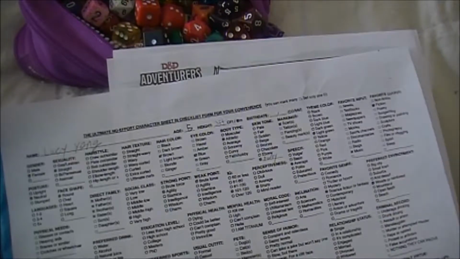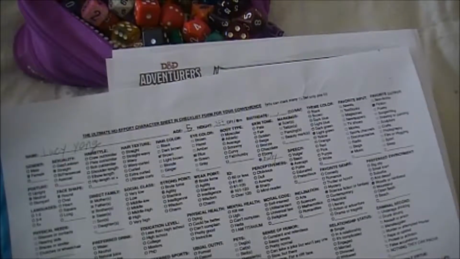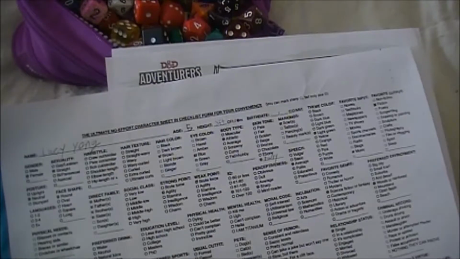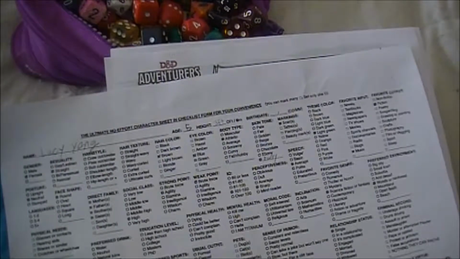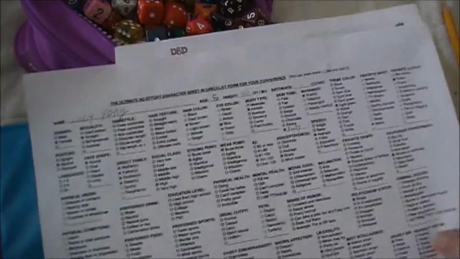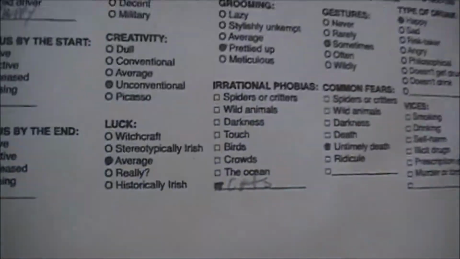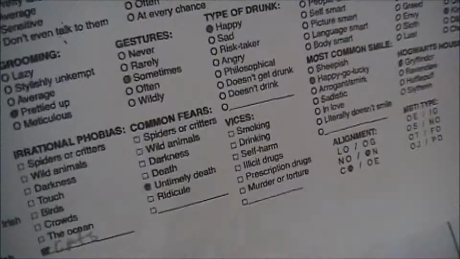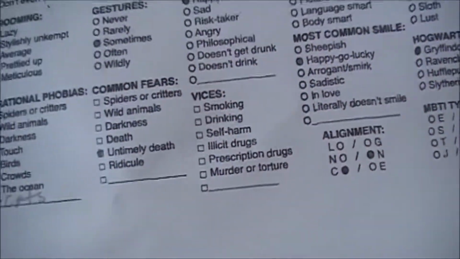Her favorite color is probably green. And I've got how well she grooms, and it's got things like what kind of drunk they would be. It's really cool. Irrational phobias, she's got cats on there because she's a mouse, so that would make sense. And then common fears, she's scared of dying, which makes sense.